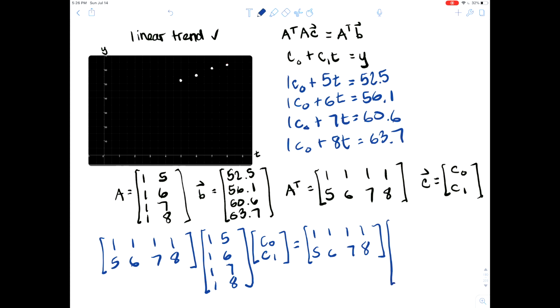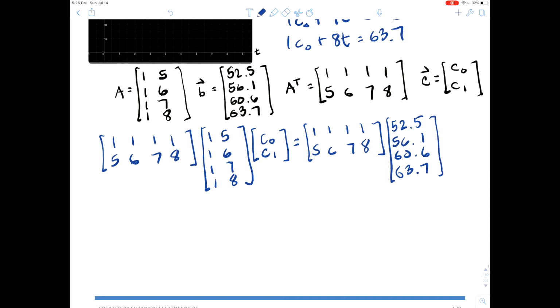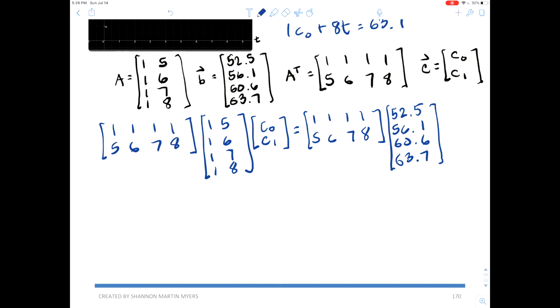And our B was 52.6, 56.1, 60.6, and 63.7. Right? Okay, so when you do all the computation, what you get is, for these two, you're going to have 4, 26, 26, 174. And notice that's symmetric. And then that's times C0, C1.